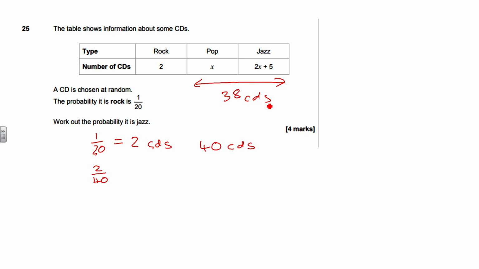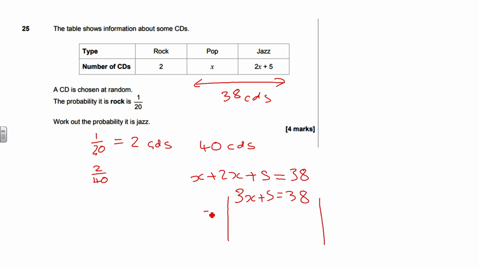Now that we know that, we could say that x plus 2x plus 5 represents the 38 CDs. That tells us that 3x plus 5 is 38. When we simplify that, take the 5 away: 3x is 33.